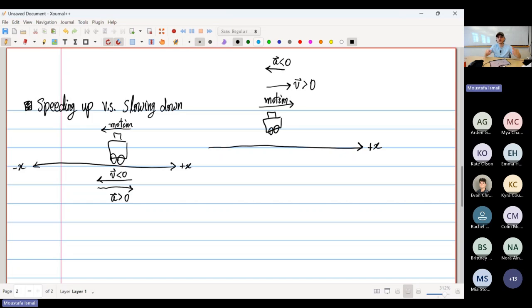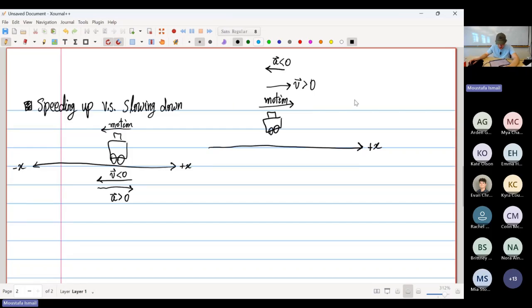This is the physical criterion we have. Because positive and negative is a convention. This is just a coordinate system we choose to work with, but the relative direction is physical. This will be true for any coordinate system, whether you choose positive to be right or negative to be right. The relative direction doesn't change.